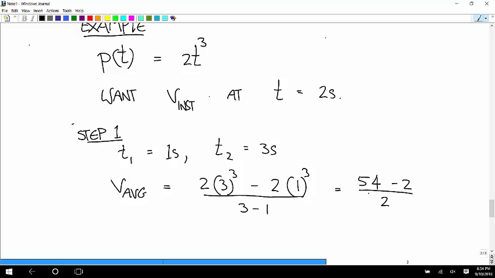So you have 52 divided by 2, so 26. That's our first guess at the instantaneous velocity at time equals 2 seconds.